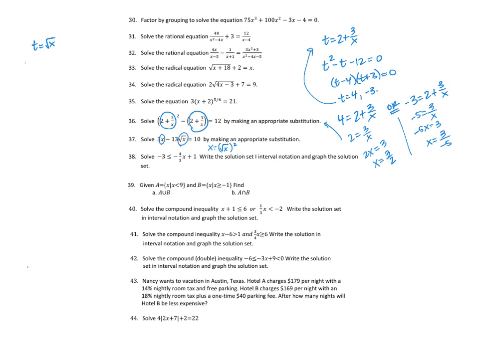And so I'll have 3t squared minus 13t minus 10 equals 0. And I can solve that by using the quadratic equation. t equals positive 13 plus or minus the square root of 13 squared minus 4 times 3 times negative 10, all over 2 times 3.